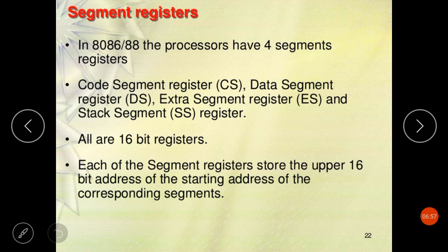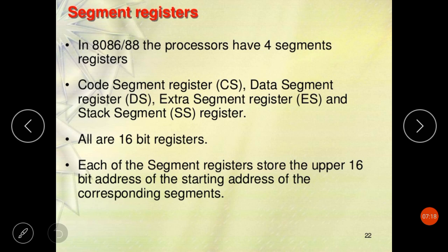The 8086 allows only 4 active segments at a time: code segment, data segment, stack segment and extra segment. For the selection of the 4 active segments, 16-bit segment registers are provided by the bus interface unit of the 8086 microprocessor.